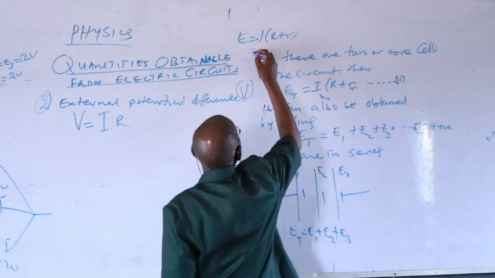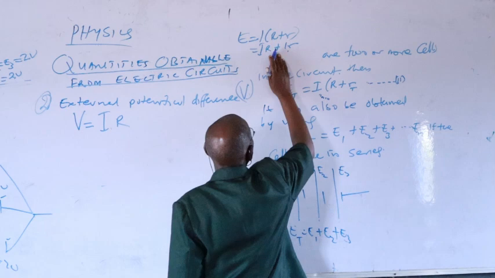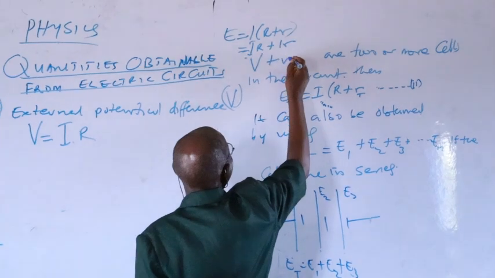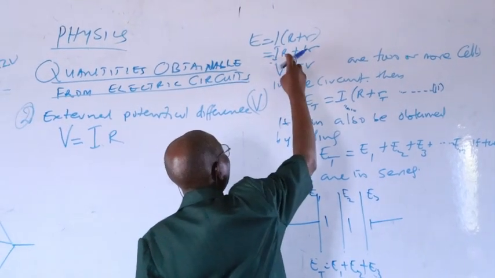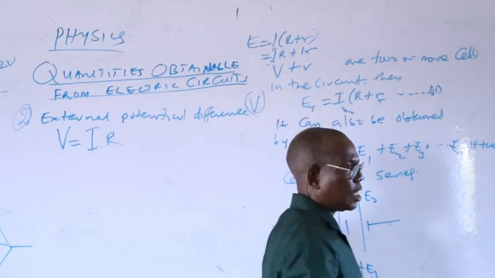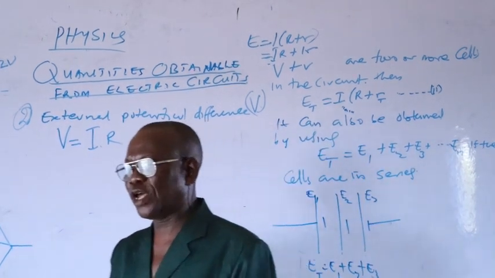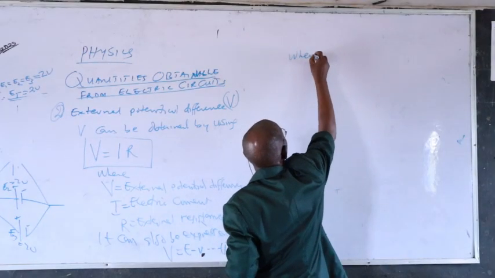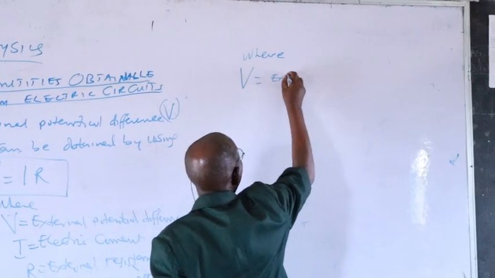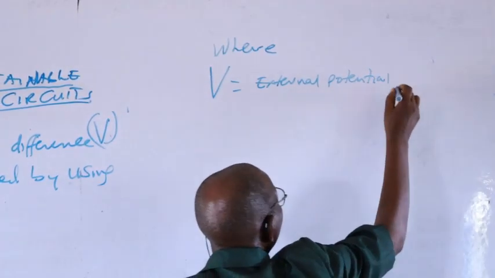If you open the bracket, you have IR plus Ir. IR is simply known as V, and Ir as small letter v. This is the external potential difference, and this is the internal potential difference. From equation 2, V is called the external potential difference.